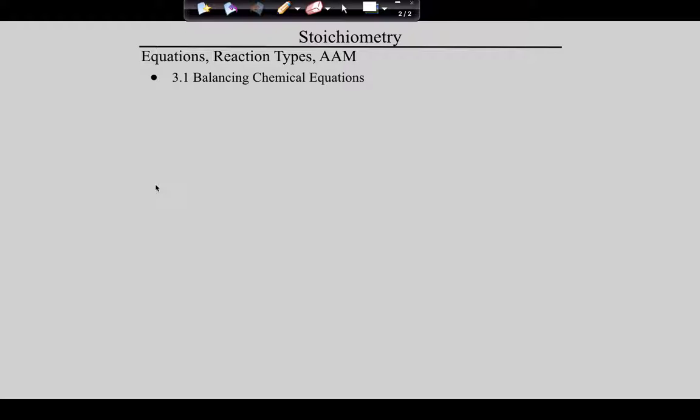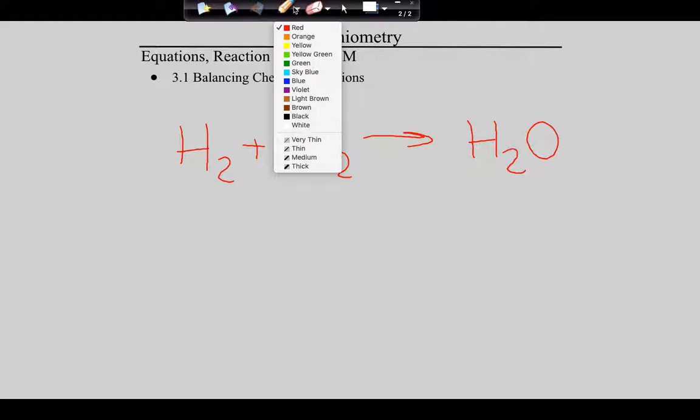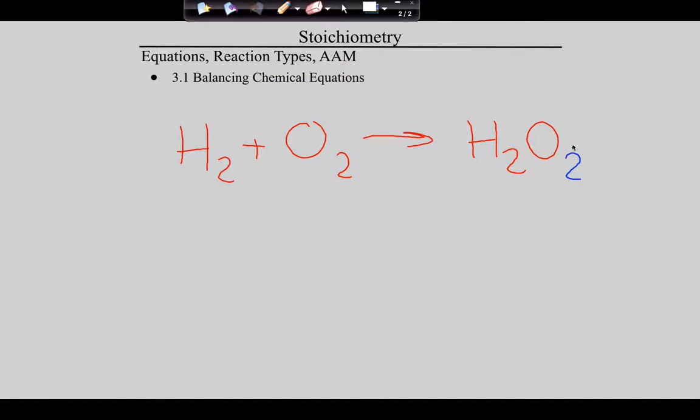So you remember this process of balancing chemical equations. It's all about coefficients. Remember, you don't rewrite chemical formulas. For example, in the synthesis reaction of hydrogen and oxygen producing water, you can't just put a 2 right there.